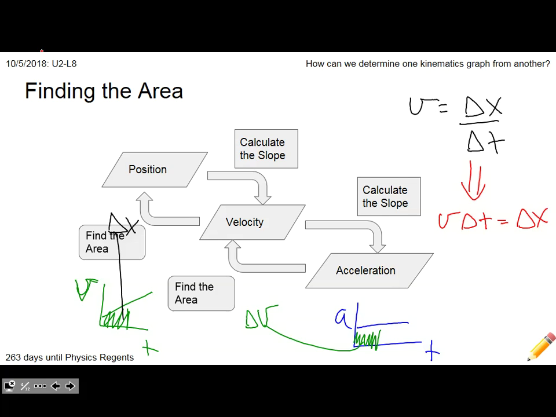Something you'll need to know, and if you've started not the homework assignment due tonight, but the next one, it'll ask you things like, what does the slope of this graph represent? What does the area of this graph represent? Okay? So let's do an example. I'm going to start with an acceleration versus time graph.